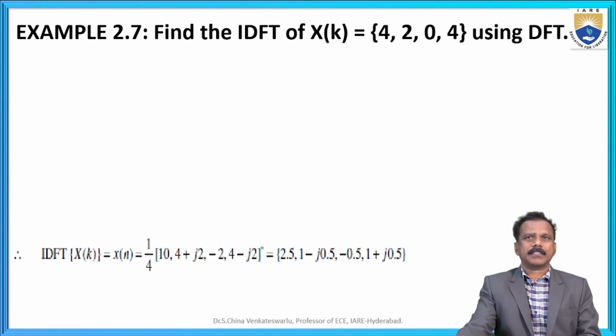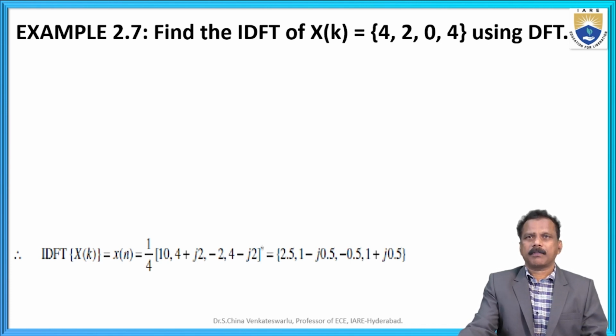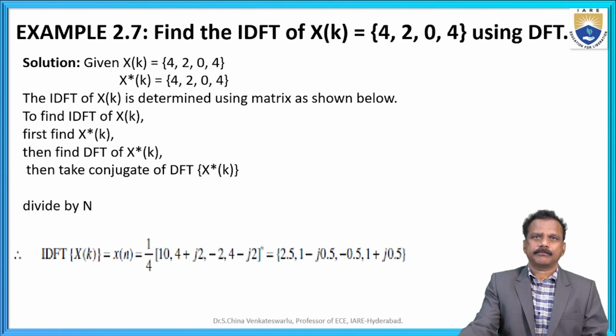Okay, now come to the next example 2.7. Find the IDFT, inverse discrete Fourier transform, of x of k equal to 4, 2, 0, 4 using the DFT. Here x of k is given as 4, 2, 0, 4. The DFT of the x of k is determined using the matrix.